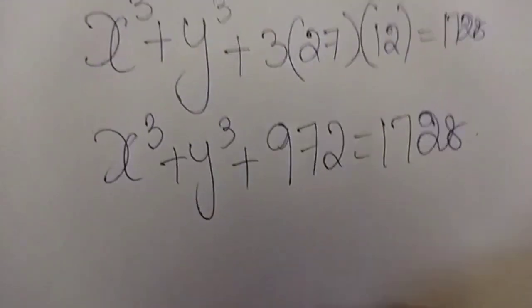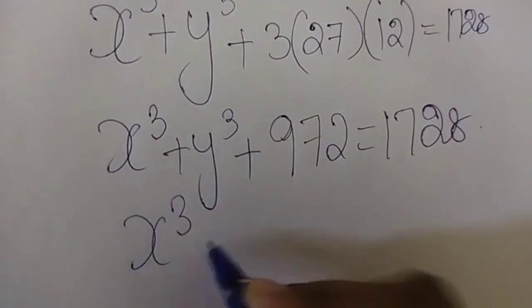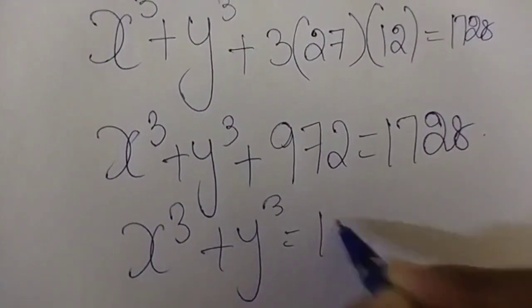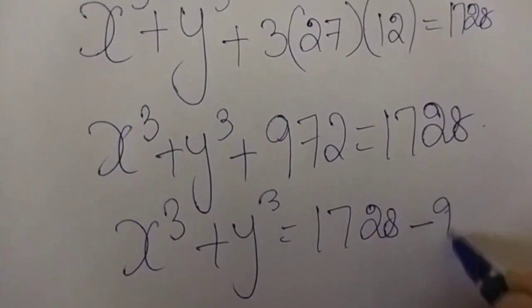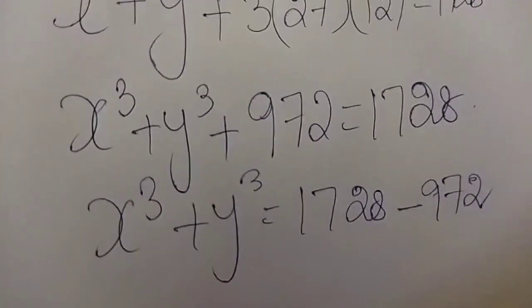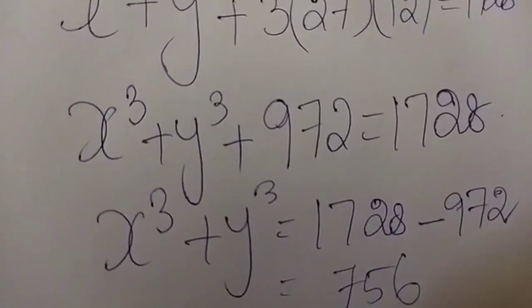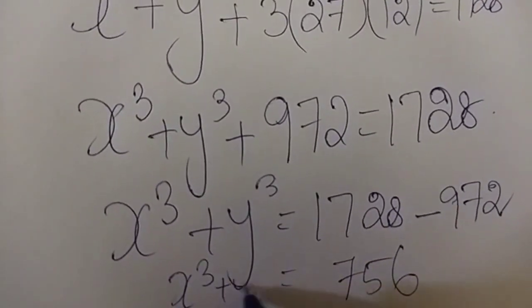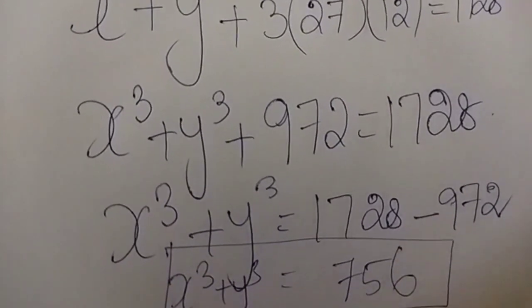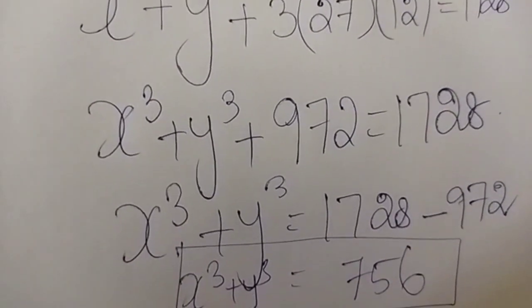So subtracting, x cube plus y cube is equal to 1728 minus 972. Subtracting, we get 6, borrowing 5 and remainder 7: 756. So x cube plus y cube is equal to 756, which is the required answer. Let's go to the next sum.